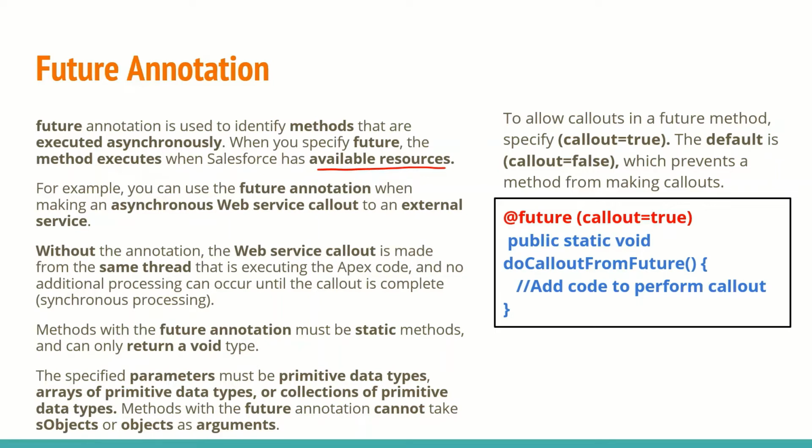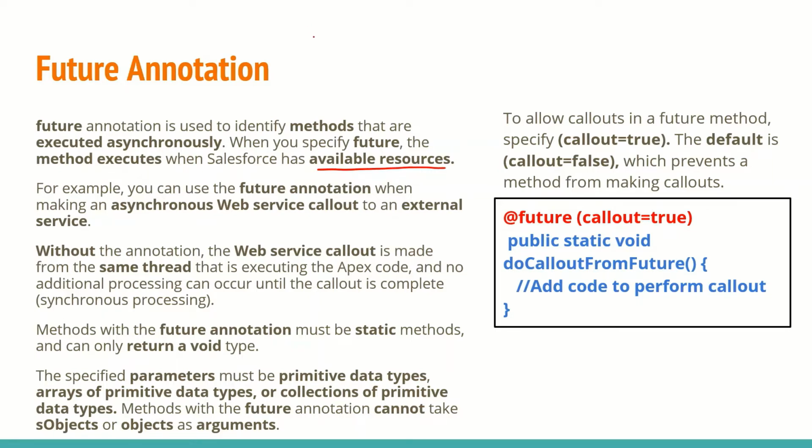If you are annotating anything with future, then that particular method should be static, and the return type of that will be void. The specified parameters must be primitive data types, arrays of primitive data types, or collections of primitive data types. A method with the future annotation cannot take sObjects or objects as an argument.